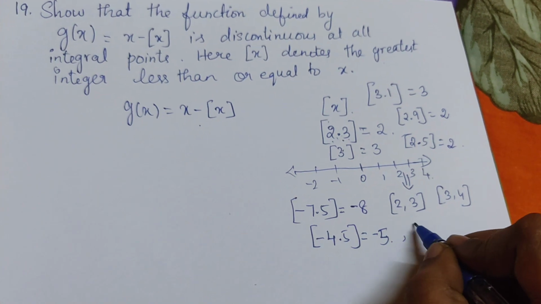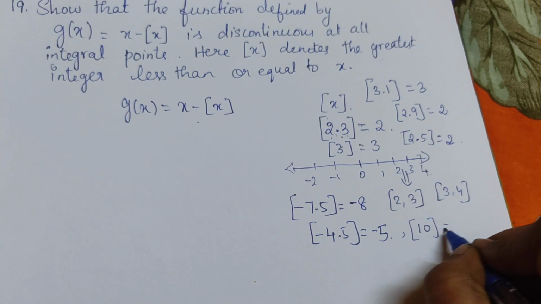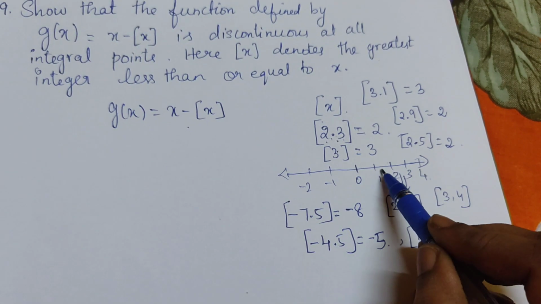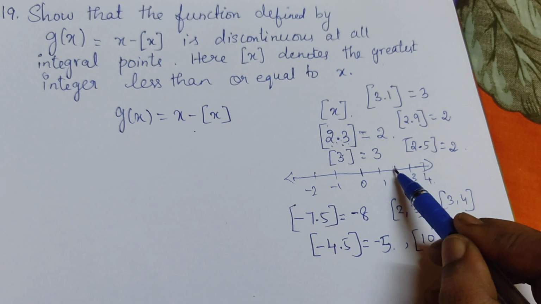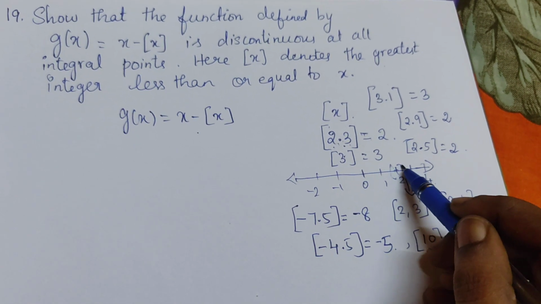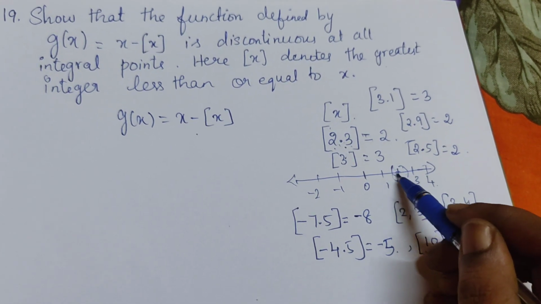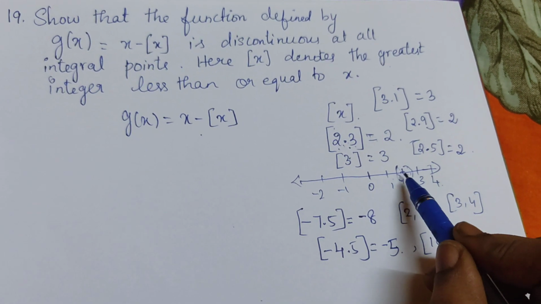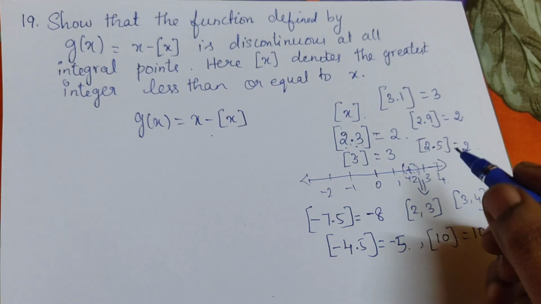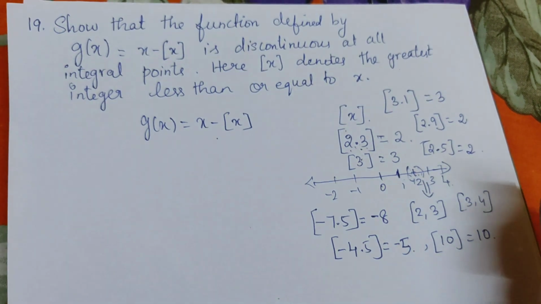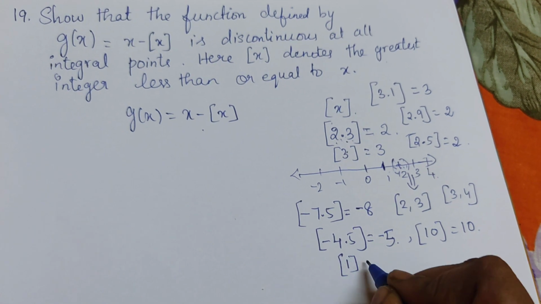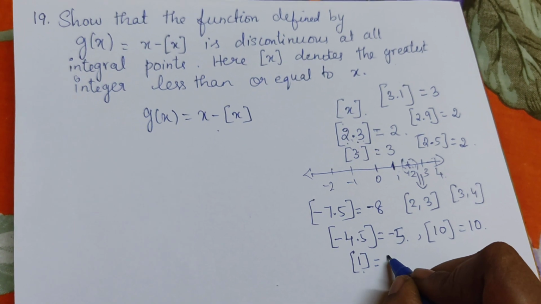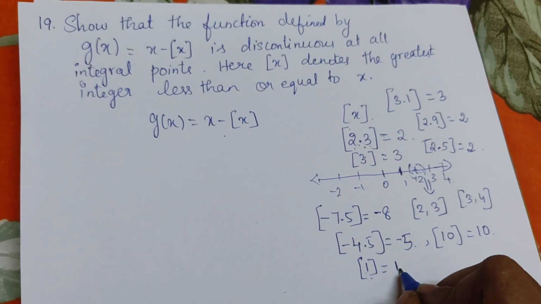Suppose the value of x is exactly an integer, no problem, we will write it. For any point on the real line, we can find a left hand neighborhood and a right hand neighborhood. The limits are differing at the integral points. Say for example I take 1. Applying the greatest integer function to 1, the value will be 1 since it is an integer.